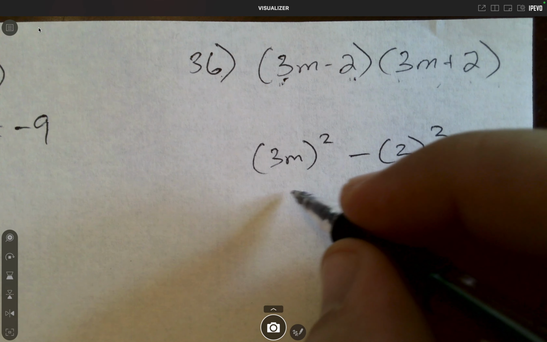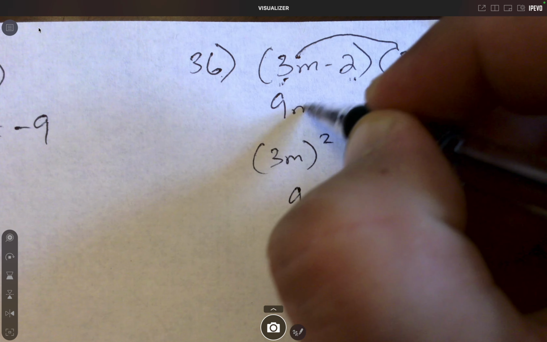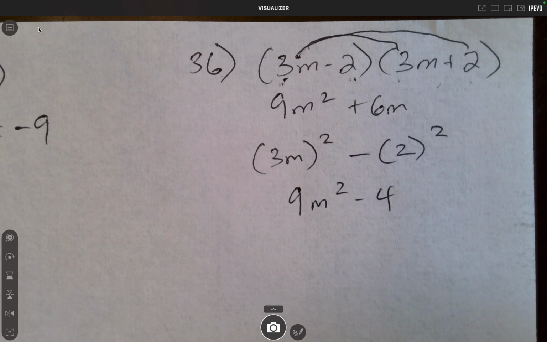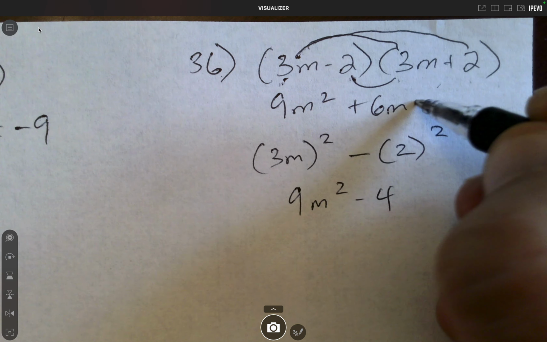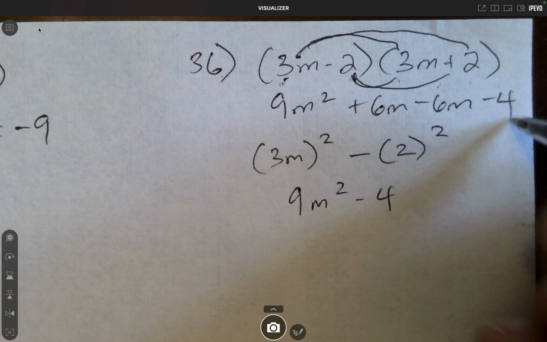But I'll show you how you can get the same answer with FOIL. First, you get the 9m squared. Do outer, you get positive 6m. Do the inner, you get negative 6m. Do the last, you get negative 4.